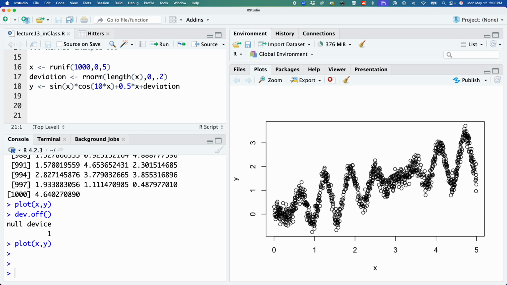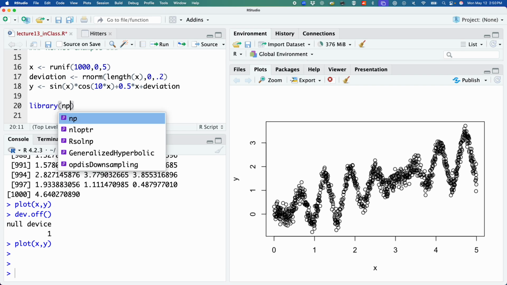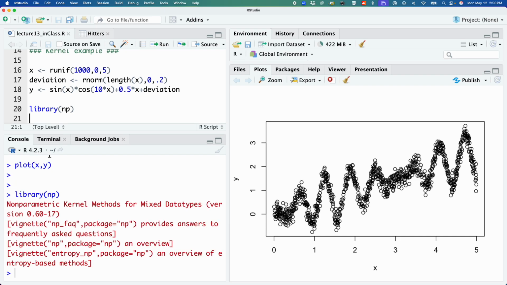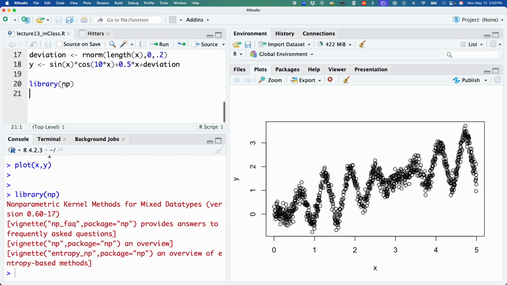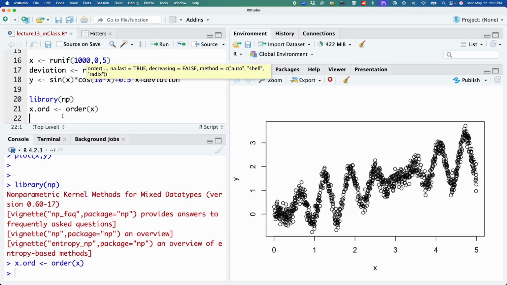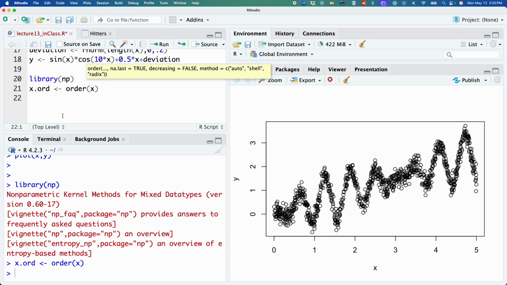So let's do a kernel model. We're going to use a library called np, which stands for non-parametric, non-parametric kernel methods. I have to do a little bit of bookkeeping.